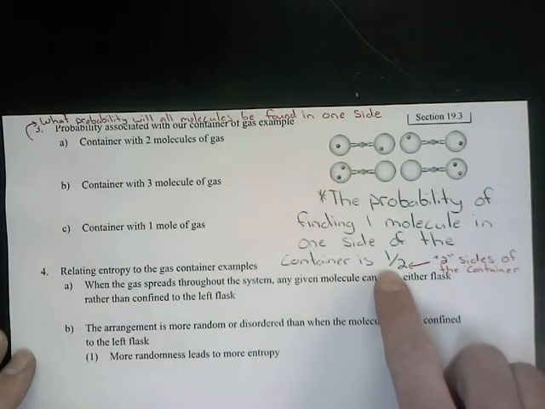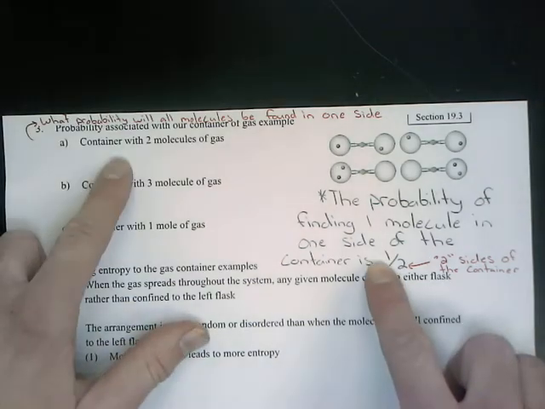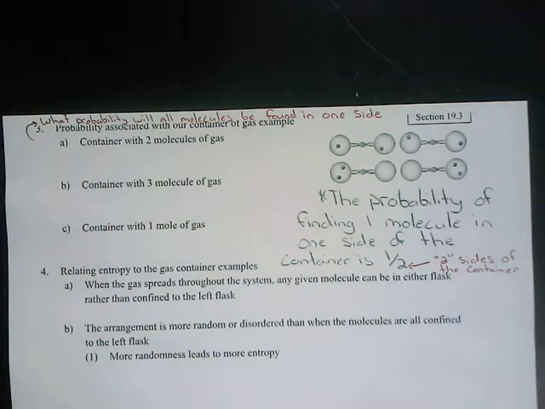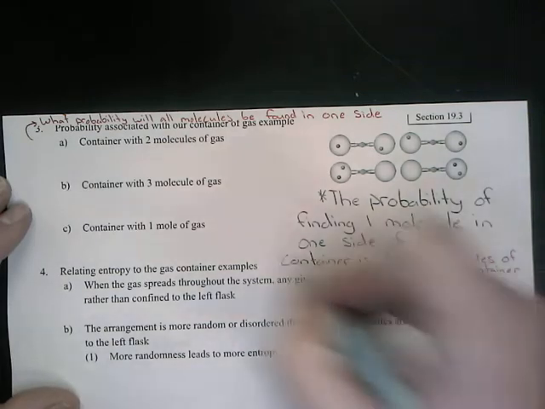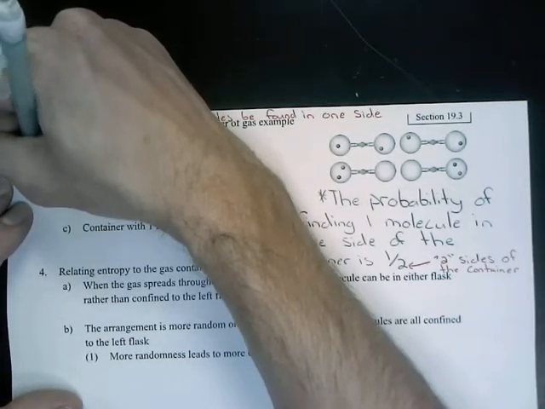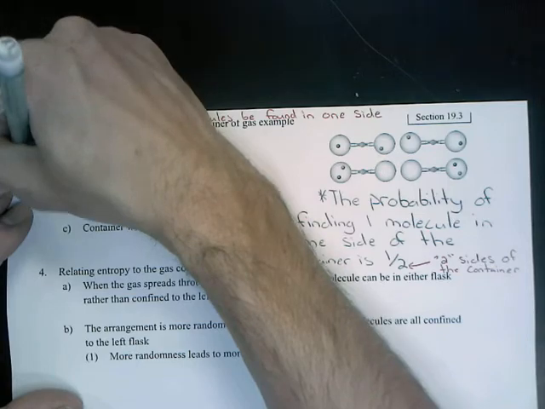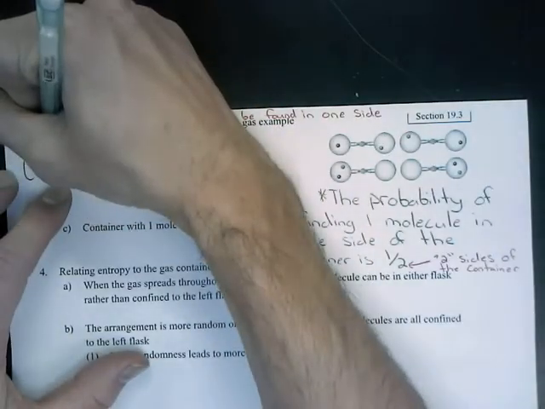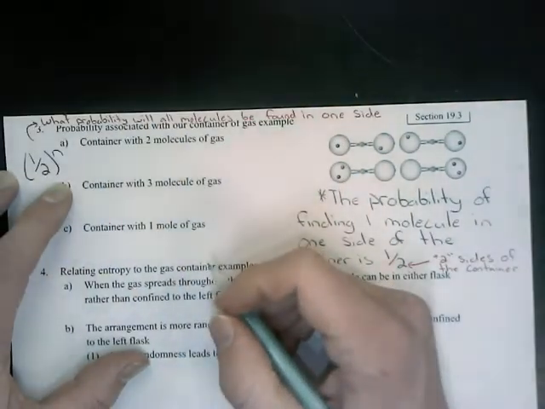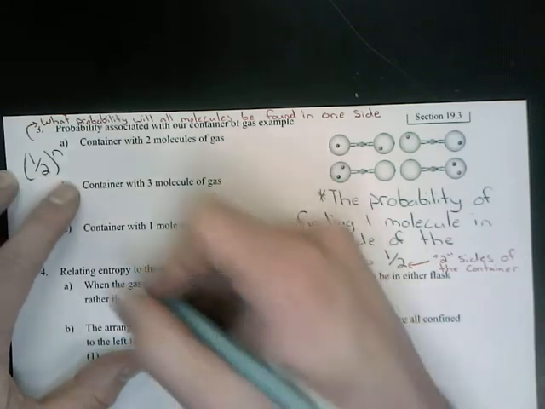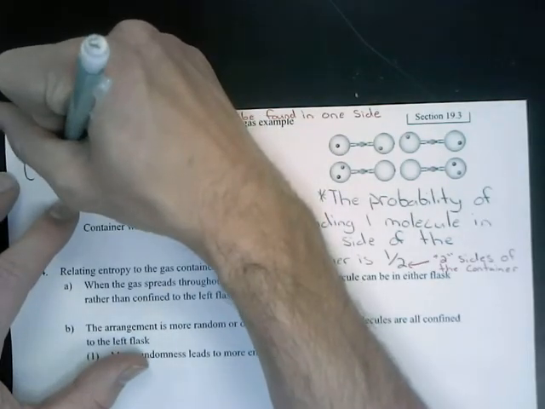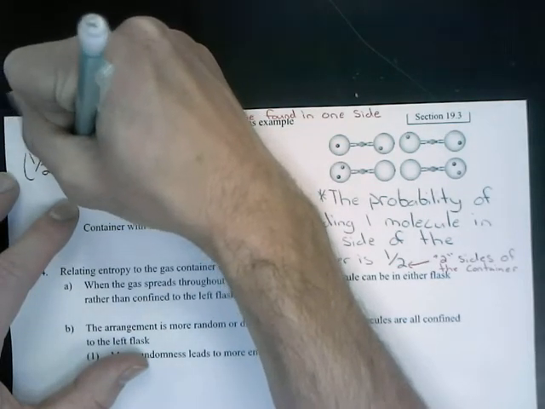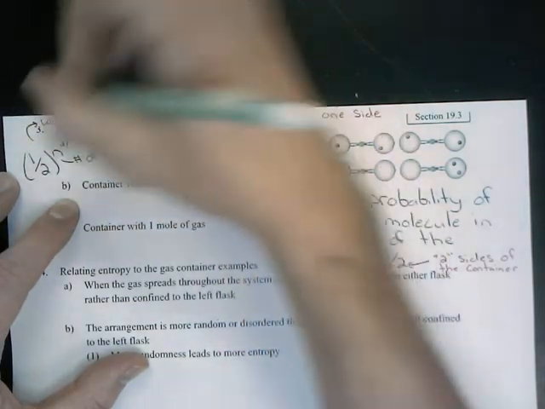Before we only had one molecule of gas, and in this example we have two molecules. To find our probability, we take 1 out of 2 to represent both sides of the container and raise it to the n power. This n is the number of molecules.